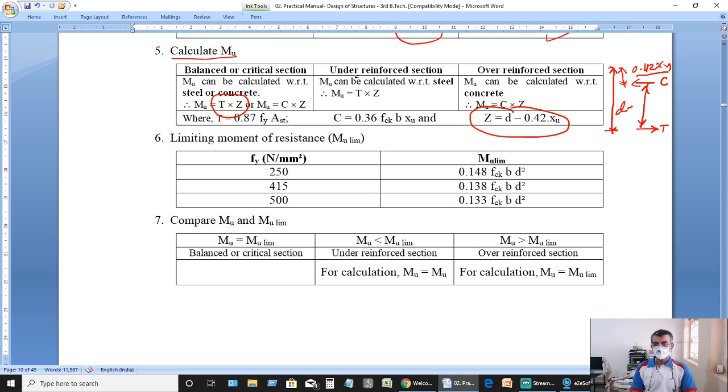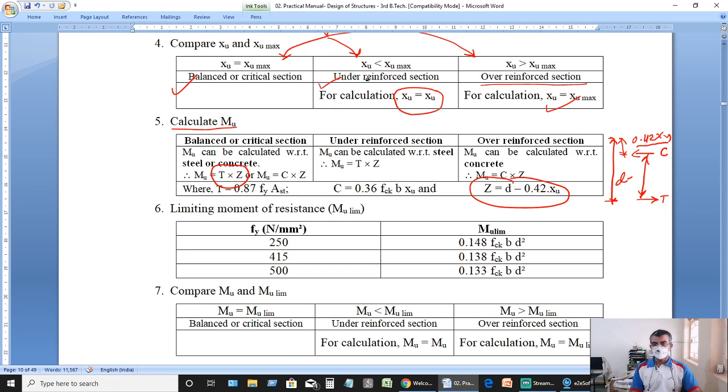If you have an under reinforced section, where XU is less than XU max, you go for one calculation; if XU is greater than XU max, you go for the other. For under reinforced section, we find out the moment as T into Z. For over reinforced section, we find out C into Z. As you know what T, C and Z are.